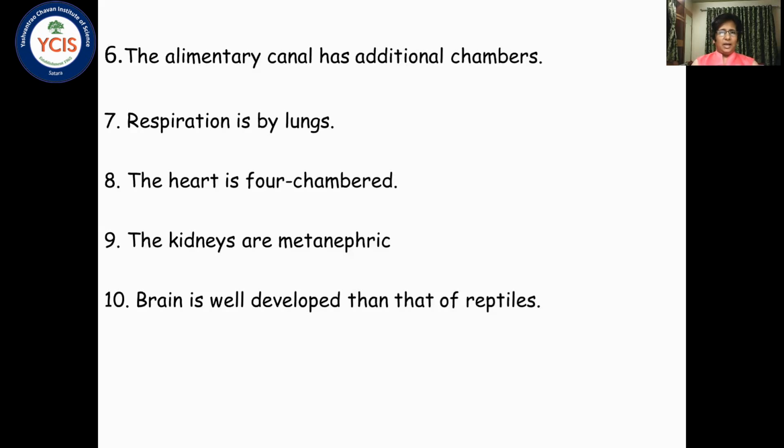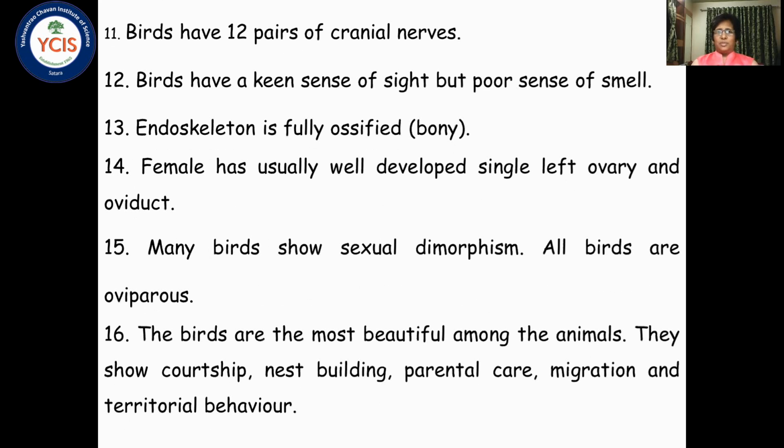Rhea americana is also called the South American ostrich, and this is the only bird that has a urinary bladder. Next characteristic is the brain is better developed than that of reptiles.